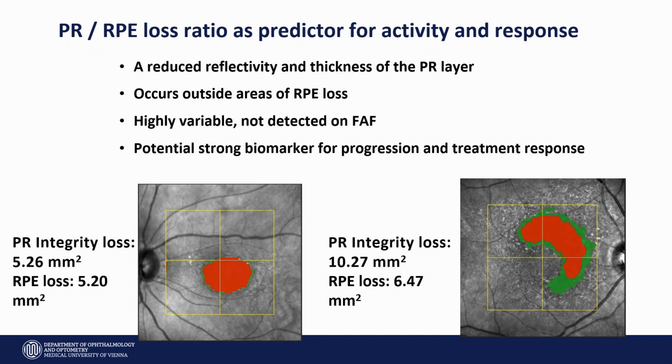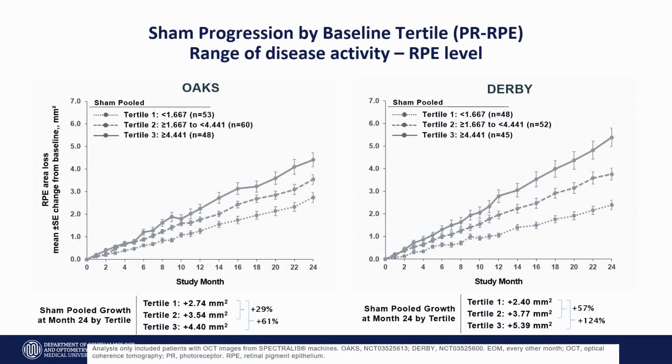A lesion like the one on the left side has a very low ratio of RPE and photoreceptor loss, while on the right side there is a very high ratio of photoreceptor versus RPE degeneration. That means that this lesion will very likely continue to grow fast.